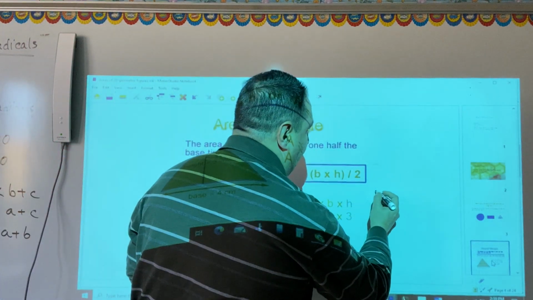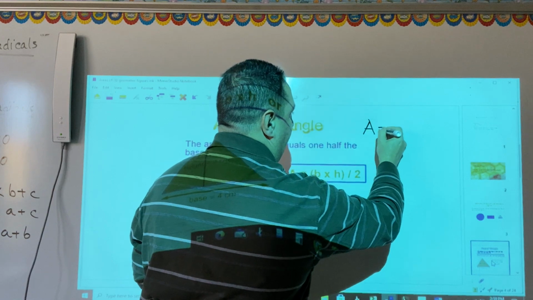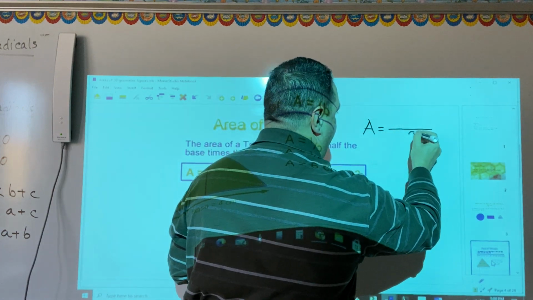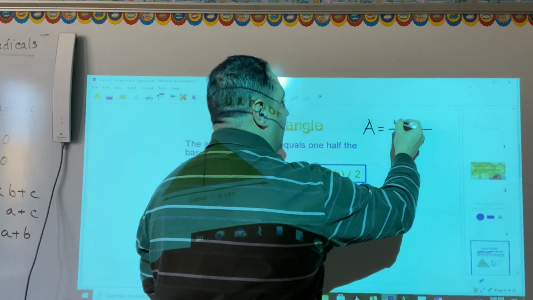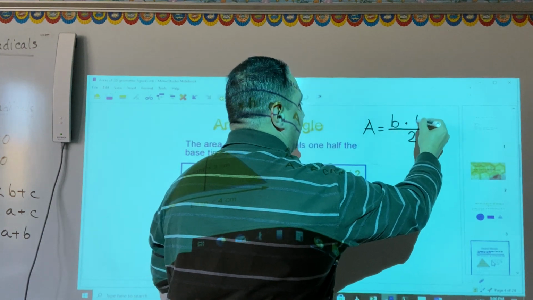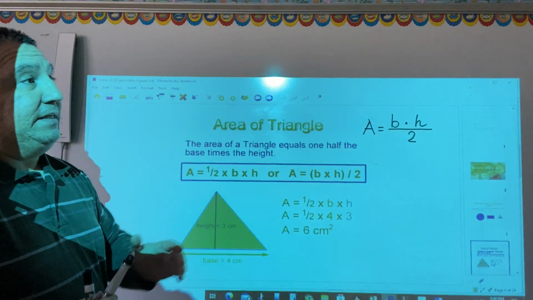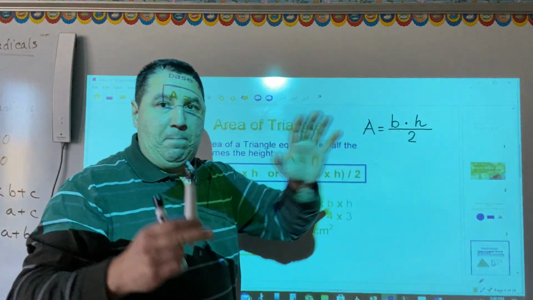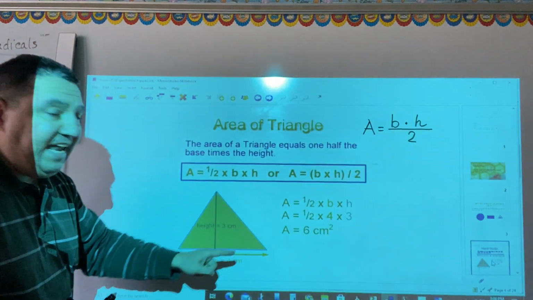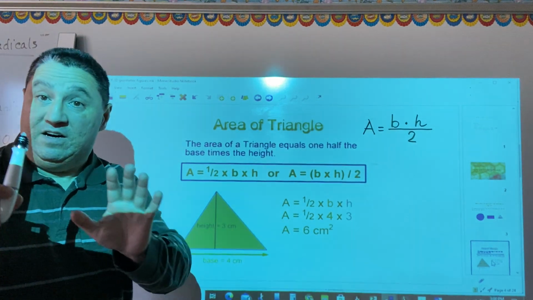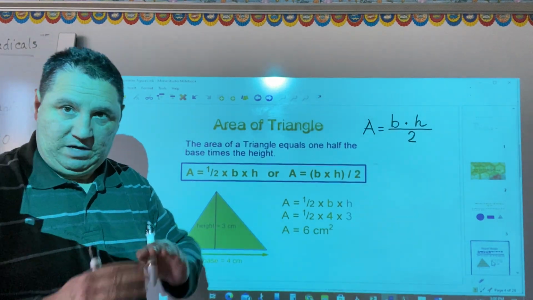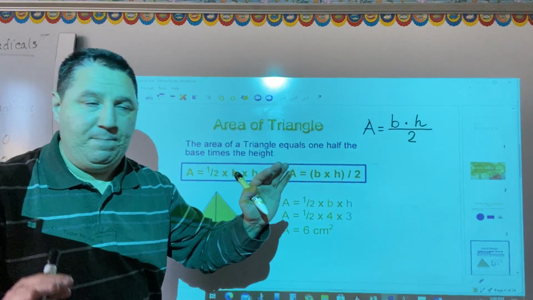So we can write area of the triangle is half of, meaning division by 2, base times height. Now, what about base? Base of the triangle could be any side of the triangle, right? Any side of the triangle could be a base.